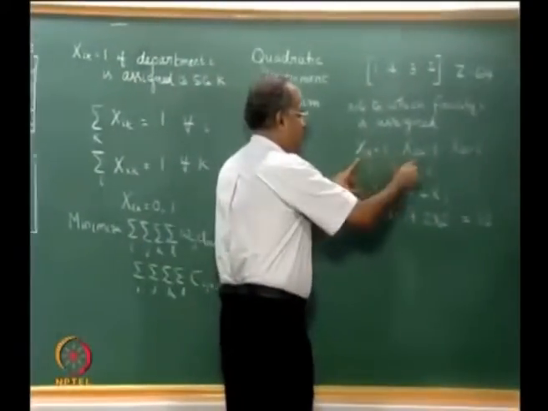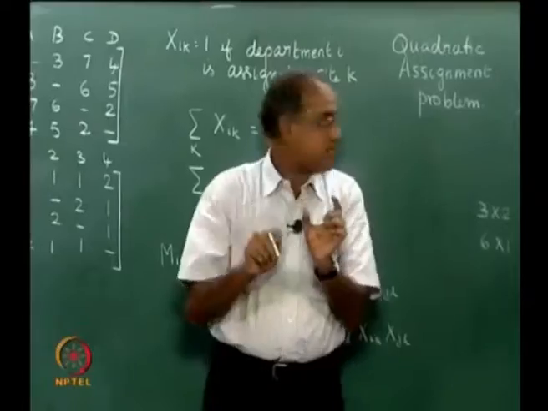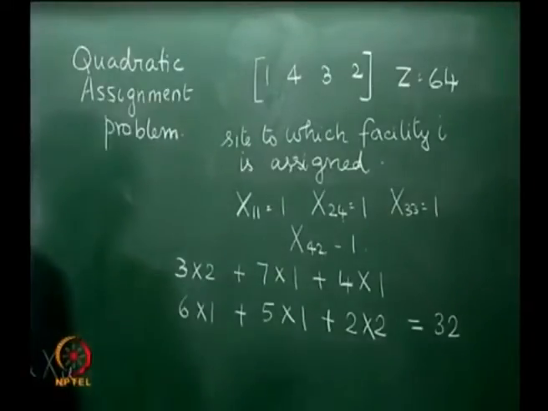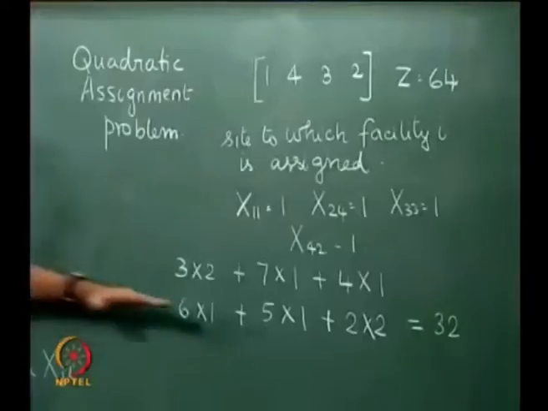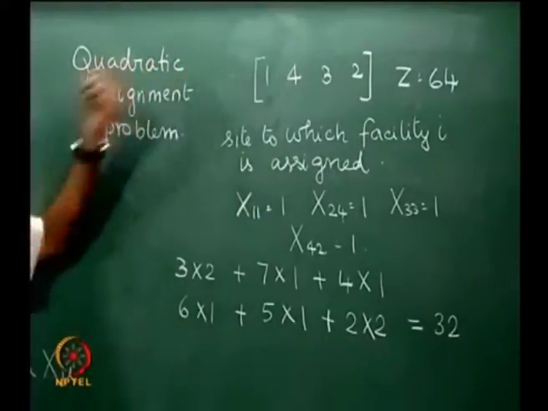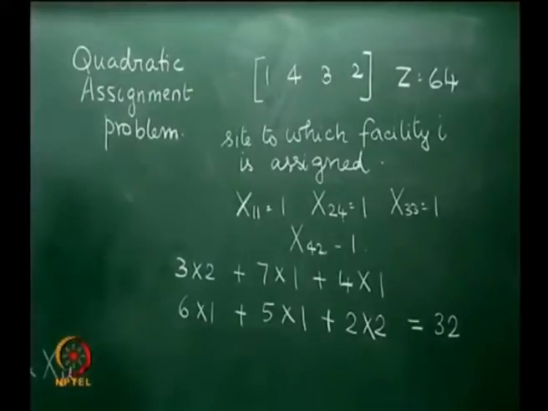When we take this pair, we should look at the interaction between 1 and 2 and distance between 1 and 4, and the interaction between 2 and 1 and distance between 4 and 1. By symmetry these two are equal. So, what we compute here as 32 should be multiplied by 2 for the purpose of the objective function. Therefore, we get a solution with 64.